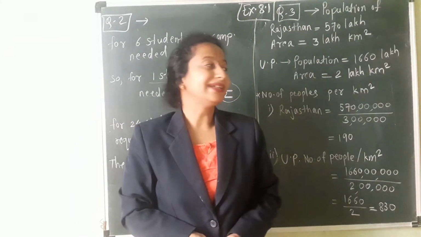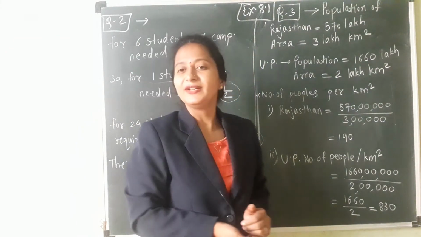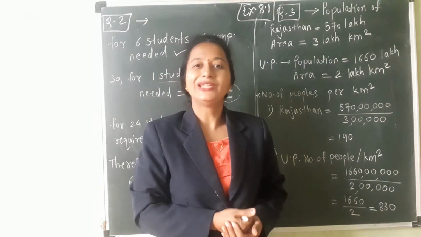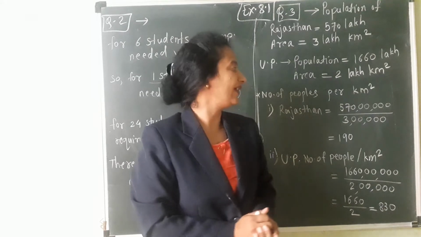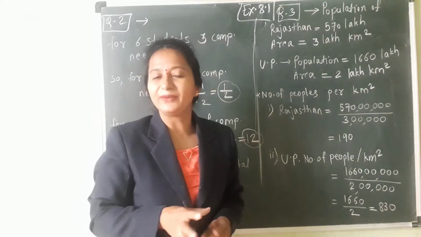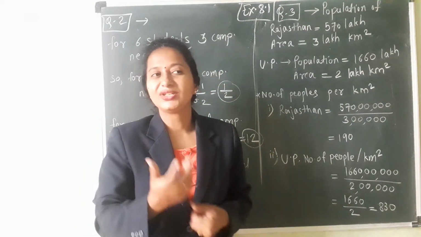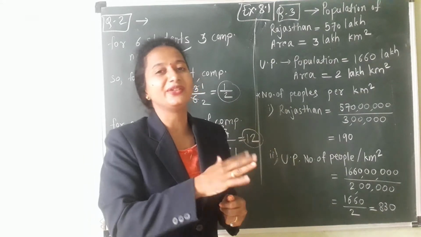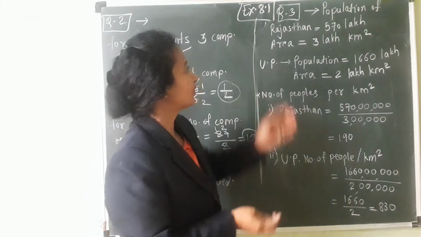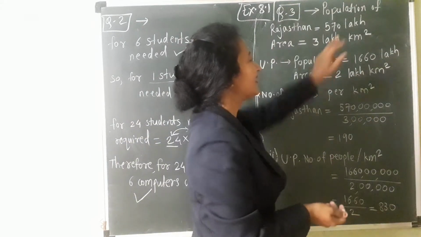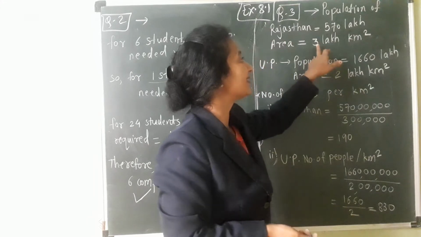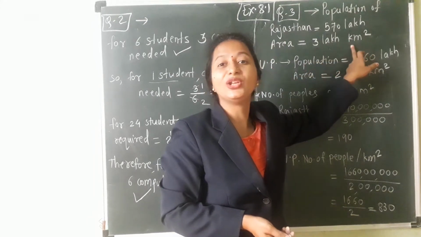In question number 3, they have given the population of Rajasthan and UP, and the area per kilometer square, and we have to find the exact number of people staying per kilometer in different states. Here the population of Rajasthan is given as 570 lakh, and the area of Rajasthan is 3 lakh kilometer square.